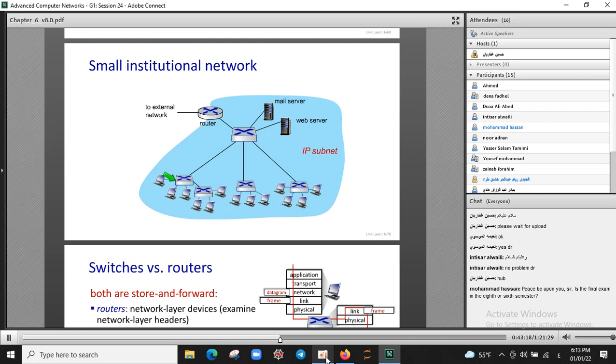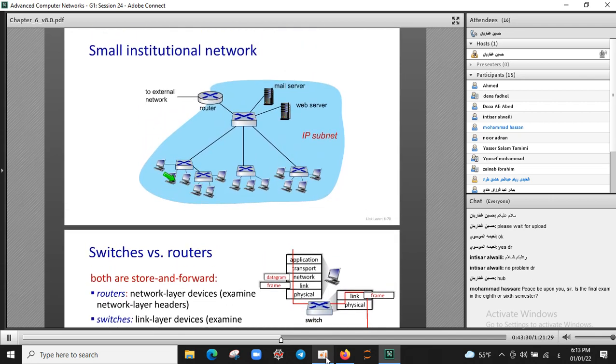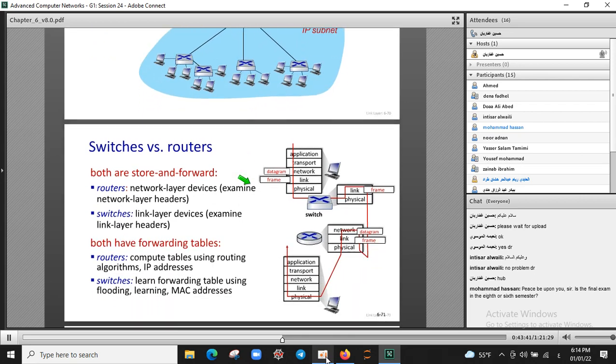But physically they are spread over different networks, in different buildings. Okay? You can expand this figure, expanding this network in each of those faculties.